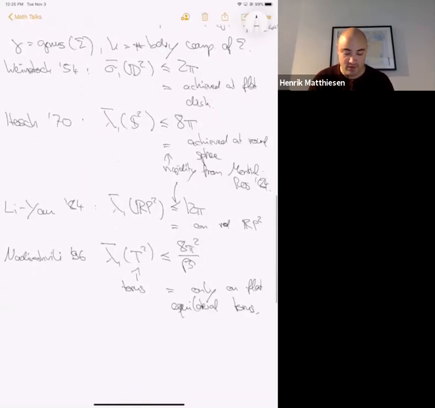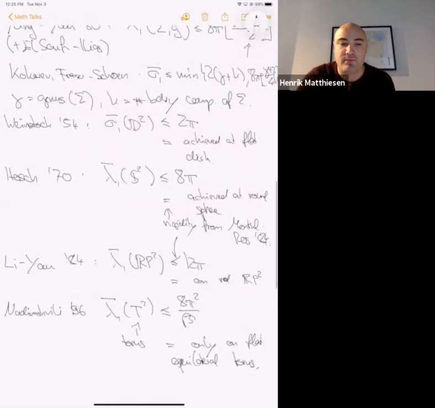Let me make a remark on his proof. The way you proved all these other bounds, like Weinstock, Hersch, and Li–Yau, was basically that you prove a general bound on the eigenvalue, which you can see to be saturated at some specific metric. Like for the round sphere, you prove that any metric on the sphere has this normalized eigenvalue at most 8 pi, but of course it's saturated at the round sphere, so you get that sharp bound.